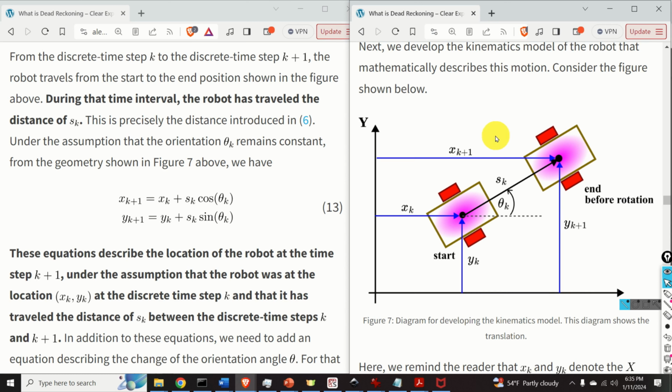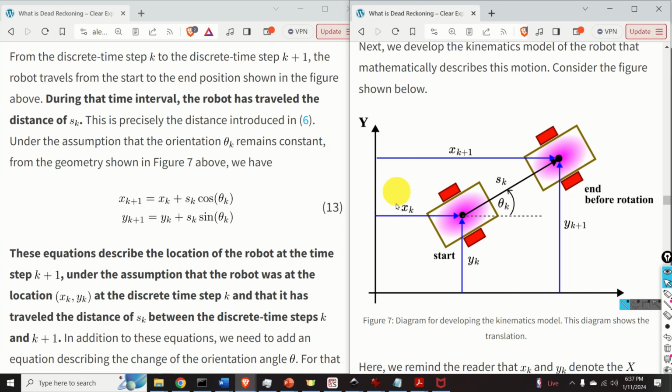Consider this figure. From the discrete time step k to the discrete time step k plus 1, the robot travels from the start to the end positions shown over here. During that time interval, the robot has traveled this distance of sk. Under the assumption that the orientation θk remains constant from the time instant k to the time instant k plus 1, from this geometry and by using basic trigonometry, we can establish these two equations.